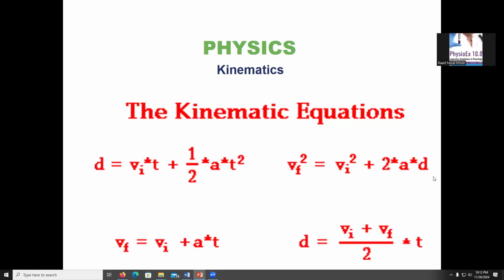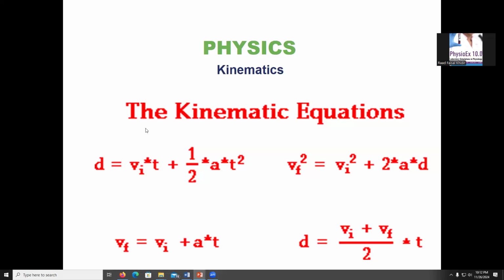This is the only equation that will help you because it does not have the time factor. So this is the situation where you have to know the equations and then see what the given information is, and you see which of these four equations will best help you arrive at the answer.